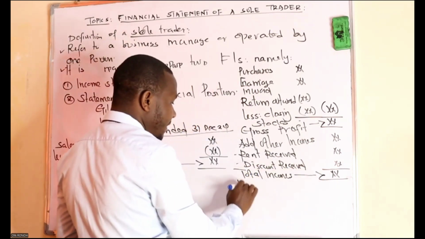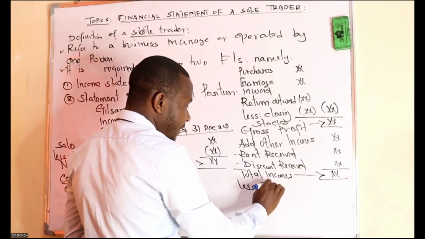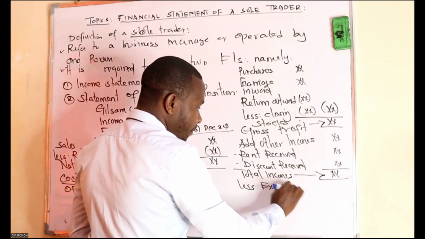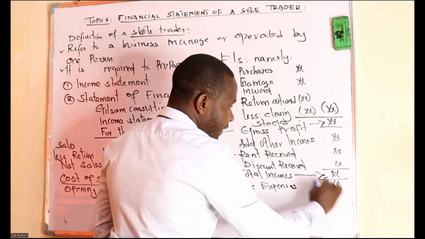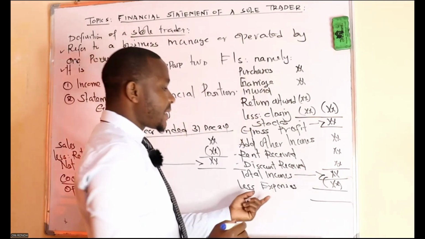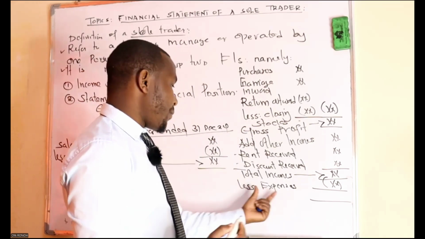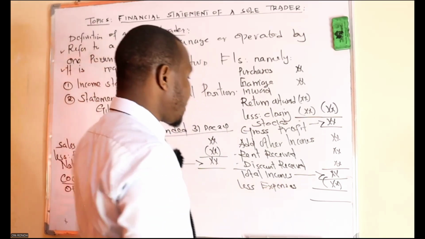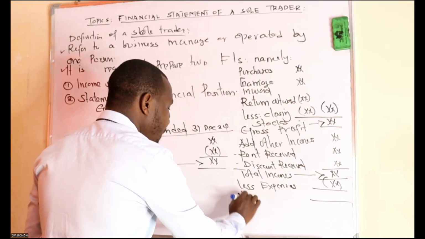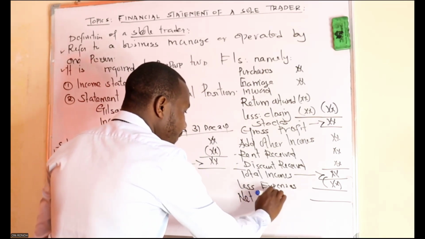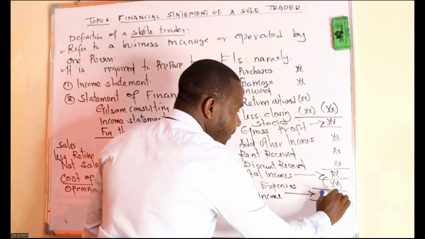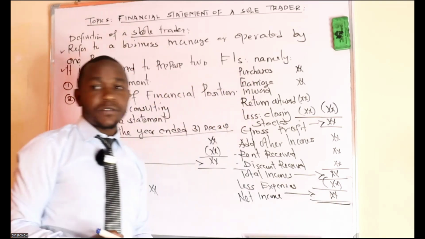And then we less expenses. Expenses, I will not list them. There are so many. So we can just generalize less expenses for us to get the net income.